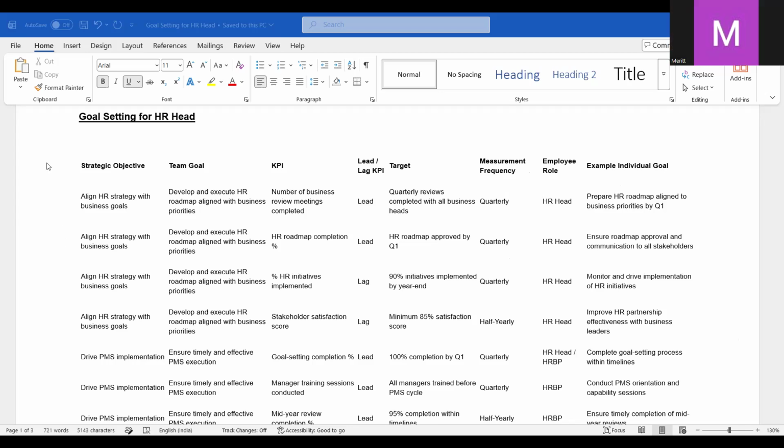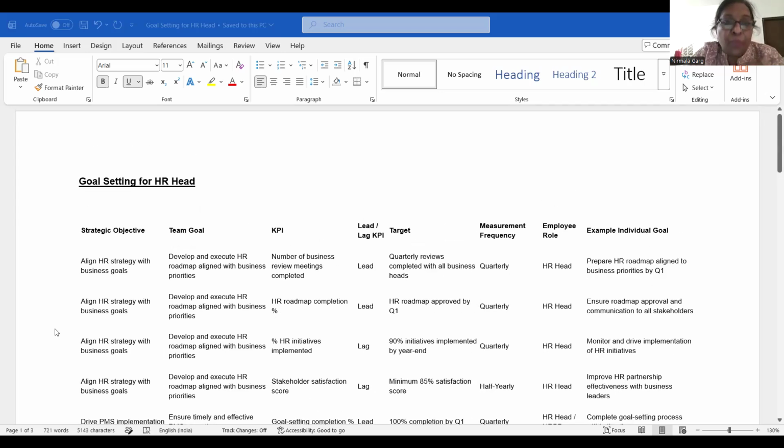Yeah. It will track your own goals. It will track your reportees' goals. And if you are an HR head, it will track all your functional other managers' goals. Right. And then you can, at one go, get the progress.